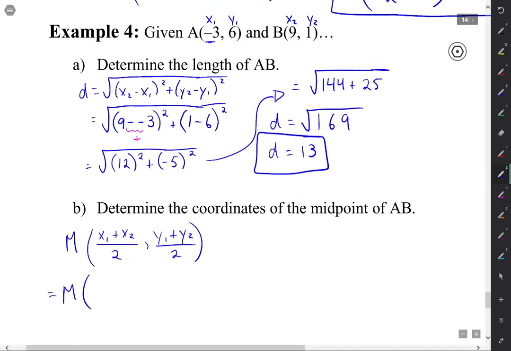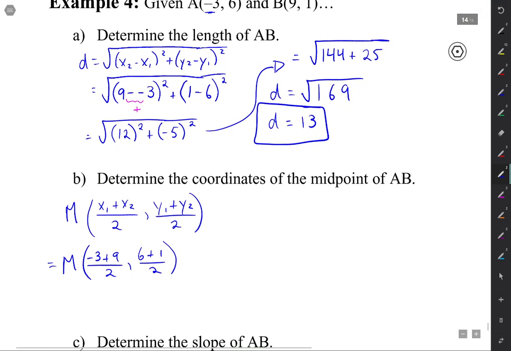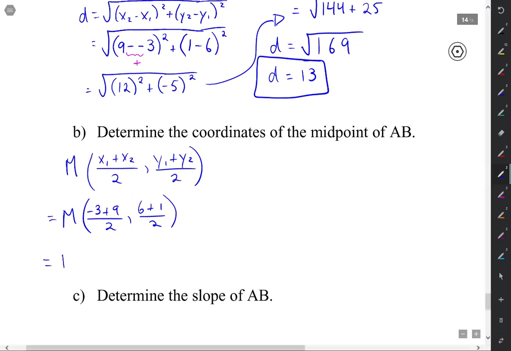The midpoint's going to be x1 plus x2, so it'd be negative 3 plus 9 divided by 2, and then y1 is 6 plus y2 is 1 divided by 2. If we continue, negative 3 plus 9 is 6 divided by 2, and then 6 plus 1 is 7 divided by 2.